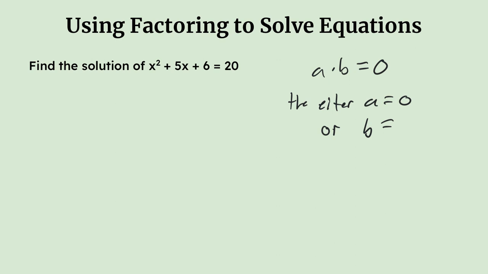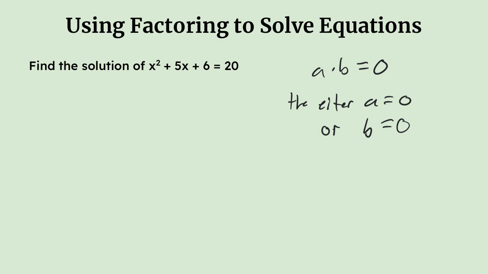Because if a equals 0, then no matter what b is, 0 times whatever is going to get you 0. And vice versa. If b is 0, whatever a is, it doesn't matter because a times 0 gets you 0. So we're going to use that idea here to be able to solve equations.